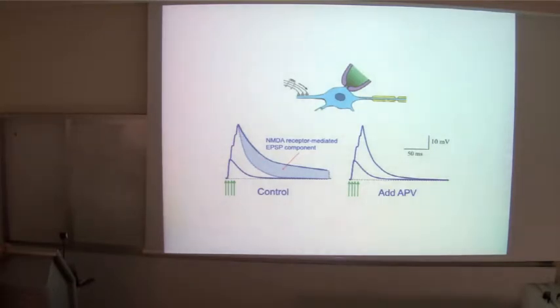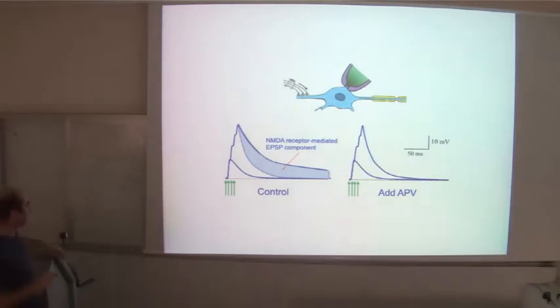What this basically tells you is that when you give a single EPSP, and the cell is at resting membrane potential around -60 millivolts, every EPSP is mainly due to AMPA receptors. There's no NMDA. But when you do the tetanus, you depolarize the membrane high enough to start getting the NMDA unblocked. And then when the NMDA is unblocked, it adds some current, so you get a bigger EPSP.